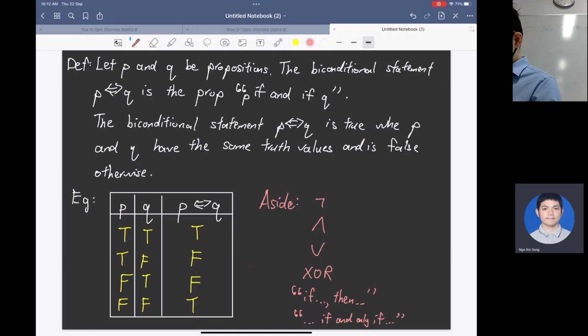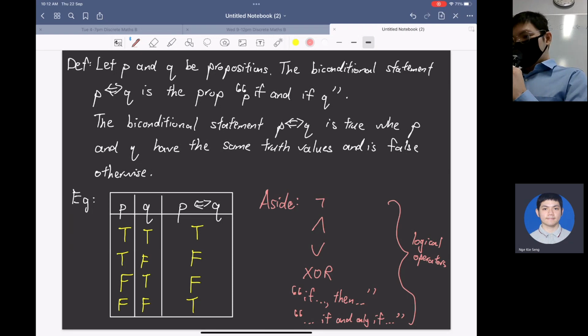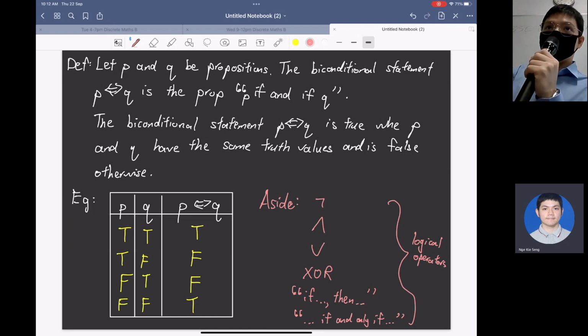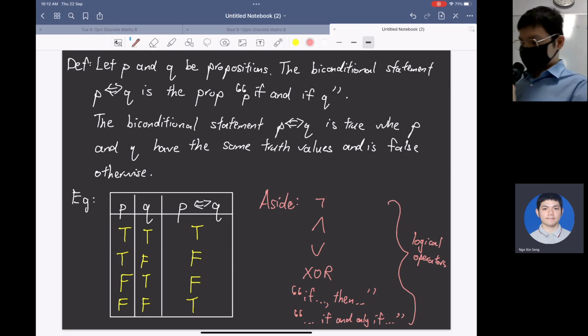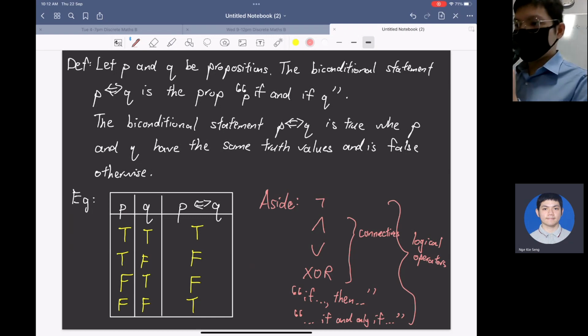These are called the logical operators. Operators take an input and give an output. So operators here take in propositions and give you another proposition. Also, these three we will call the connectives, so they connect the sentences. Any question? No question?